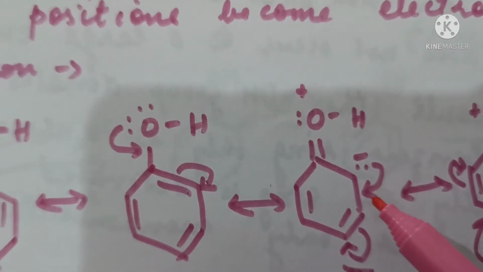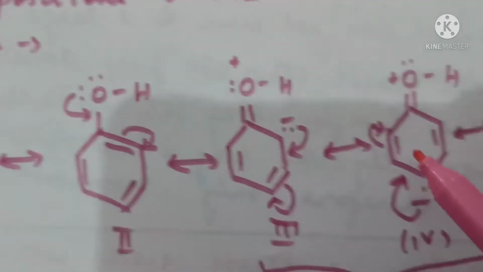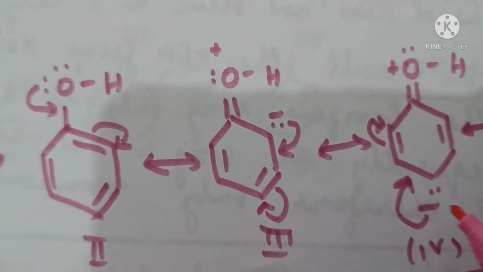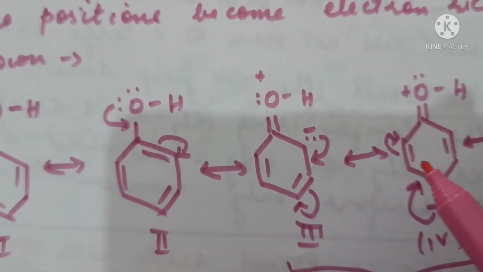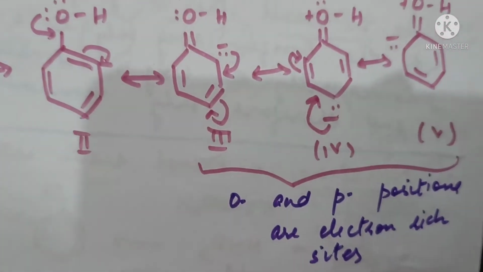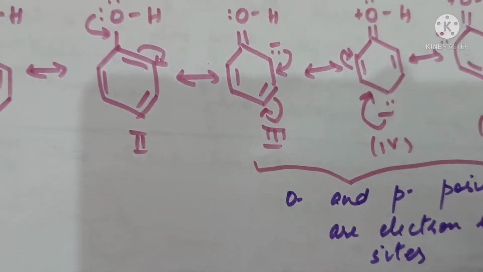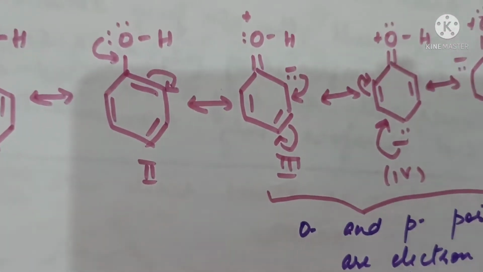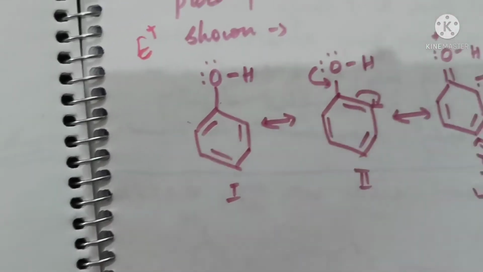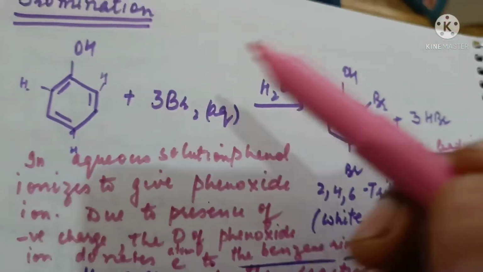When these electrons move, they send electrons to the para position, so the para position again becomes an electron rich center and a positively charged electrophile will attack here. So because ortho and para positions are electron rich sites, electrophilic substitution reactions of phenol are ortho-para directing in nature. OH group is ortho-para directing in nature.